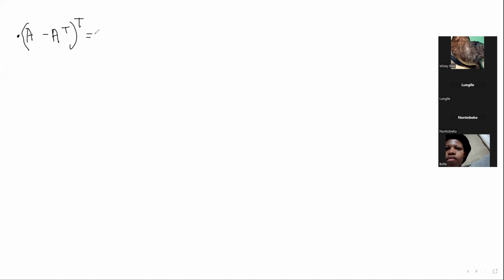Maybe we can say this is B. So the question is asking if B is skew symmetric. Basically, if we take the transpose of B, are we gonna get minus B? If we do get minus B, that means this statement is true. But let's find out if it is the case.